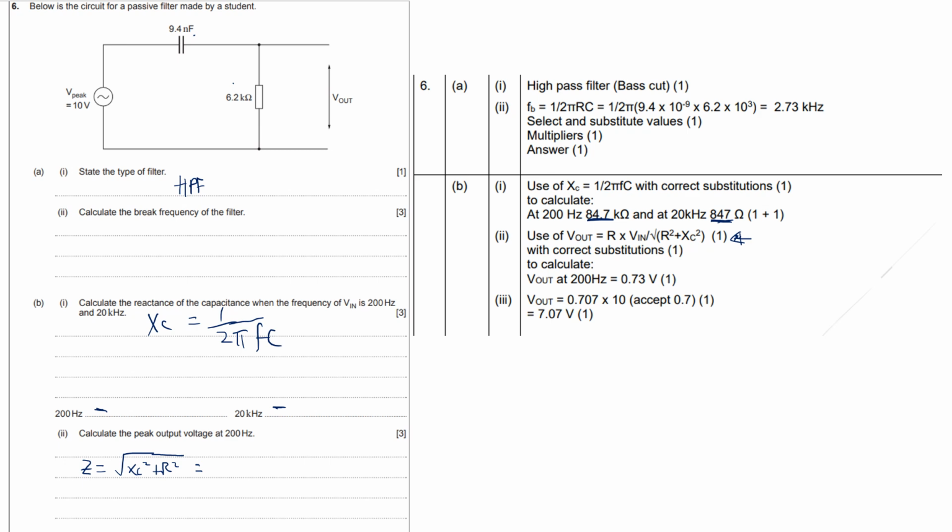Do this on the calculator. Guys, you might want to do this as well while I'm doing it. So XC, which was for 200 hertz, wasn't it? So 84. Okay, take the square root of that.